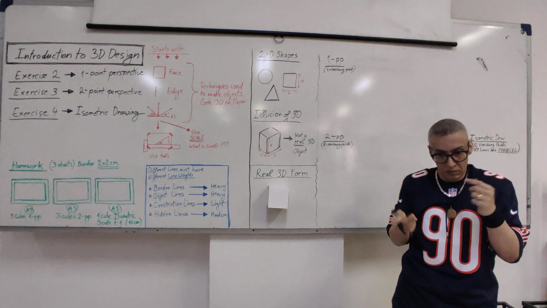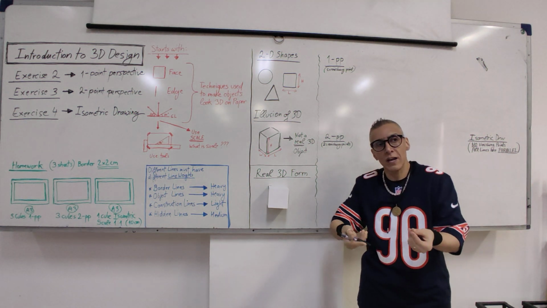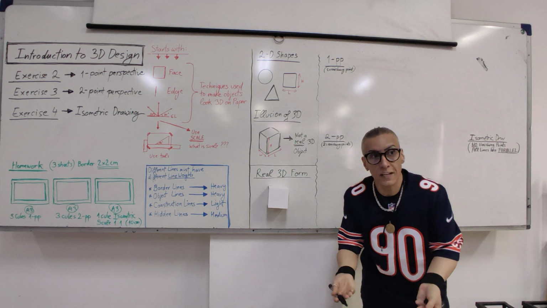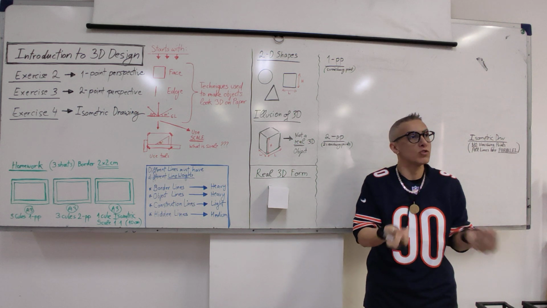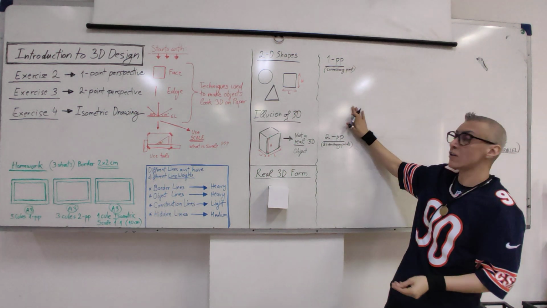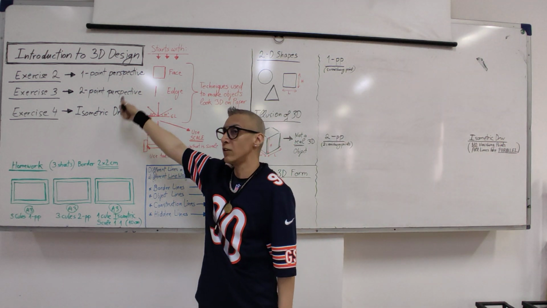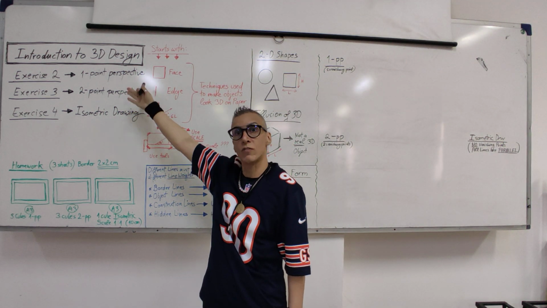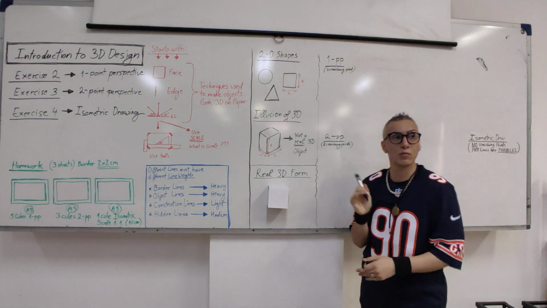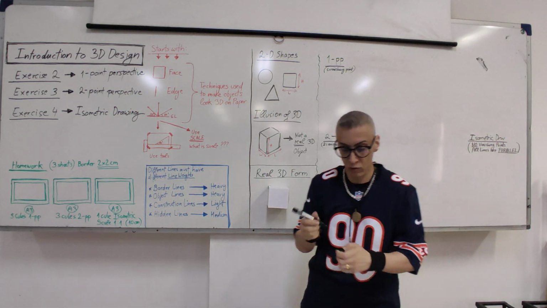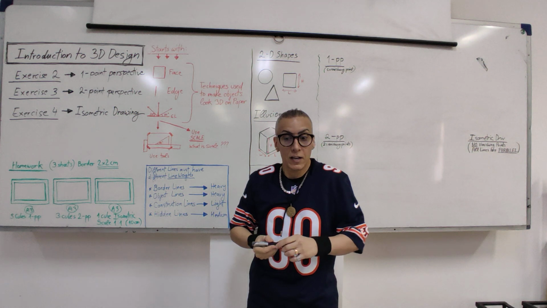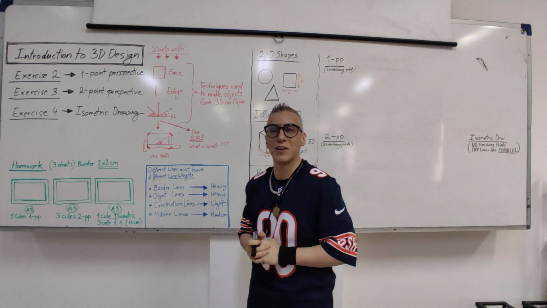Now, you as designers need to know techniques of how to create an illusion of 3D on a flat surface, on paper. So that's why we need to know about these techniques, so that we can draw things that appear 3D.